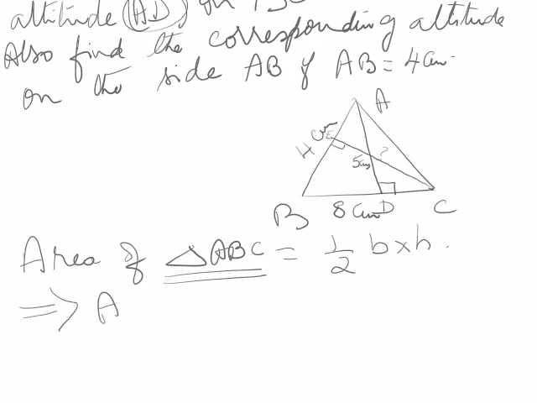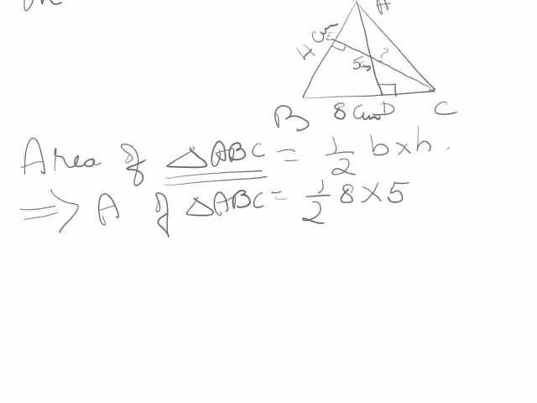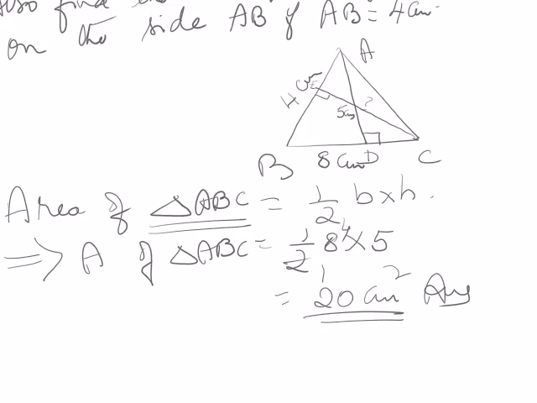So area of triangle ABC is equal to half, base is 8 centimeter and height is 5 centimeter, right? So 2 ones are 2, 2 fours are 8, 4 fives are 20 centimeter square. This is the answer.